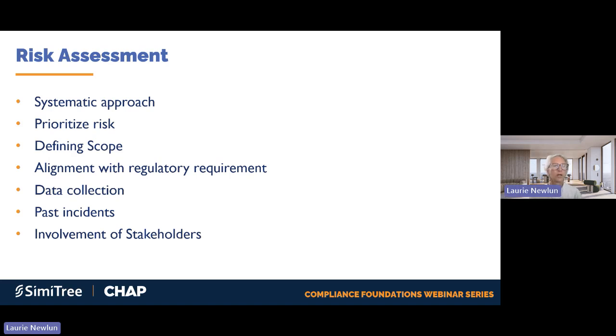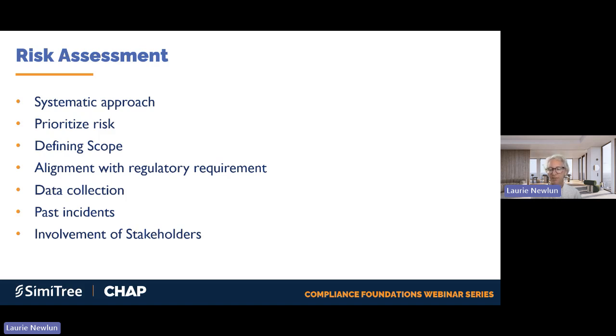So when we're developing a risk assessment as a part of our compliance program, it's really a systematic approach that will prioritize our risk. So it will look at things that were high risk, problem prone areas, and why you made a determination based on your review that these were the areas of highest risk, and that they really needed the emphasis by your compliance department to be the items that were a part of your risk assessment.